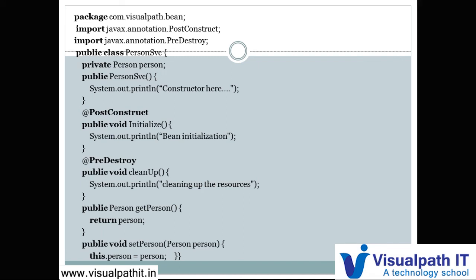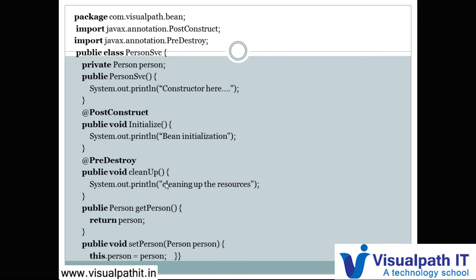If we mark a particular method with the @PostConstruct annotation, it means this method will be invoked by the core container after injecting the dependent objects into the bean. When we mark a method with the @PreDestroy annotation, it means this method will be invoked as part of the bean destruction process, that is, cleaning up the unused resources.